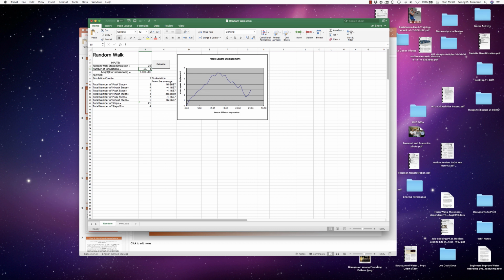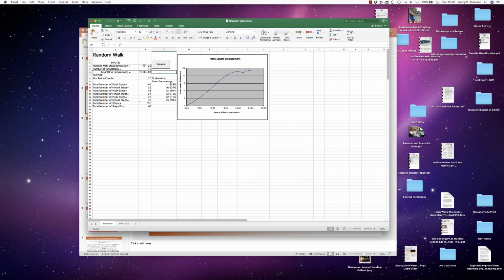And so if we increase the number of simulations to 10, that is, we run 10 of these trajectories at once and then average them, now you see the mean square displacement still not completely linear with time or diffusion step number, but it's getting much closer, and you see these deviations in the number of steps away from the average, the percent deviation, getting smaller.